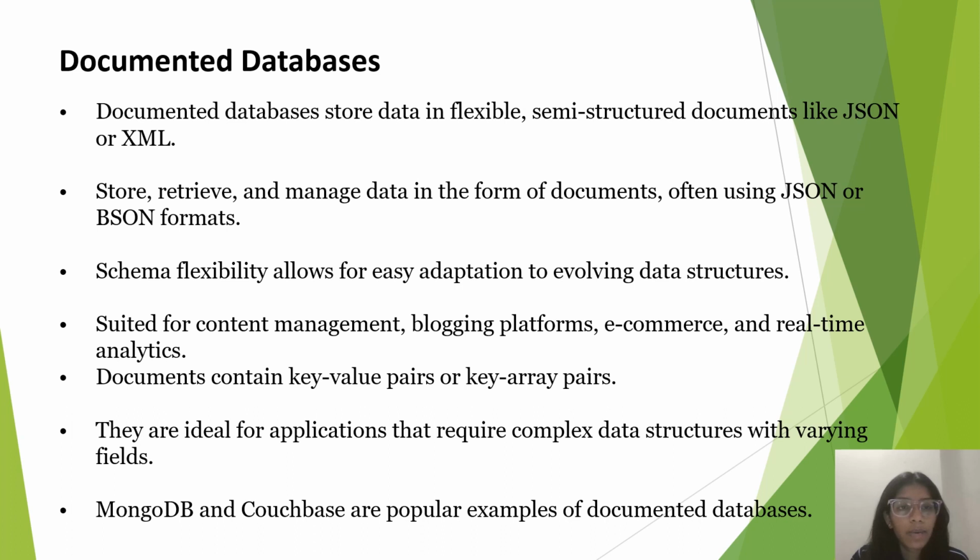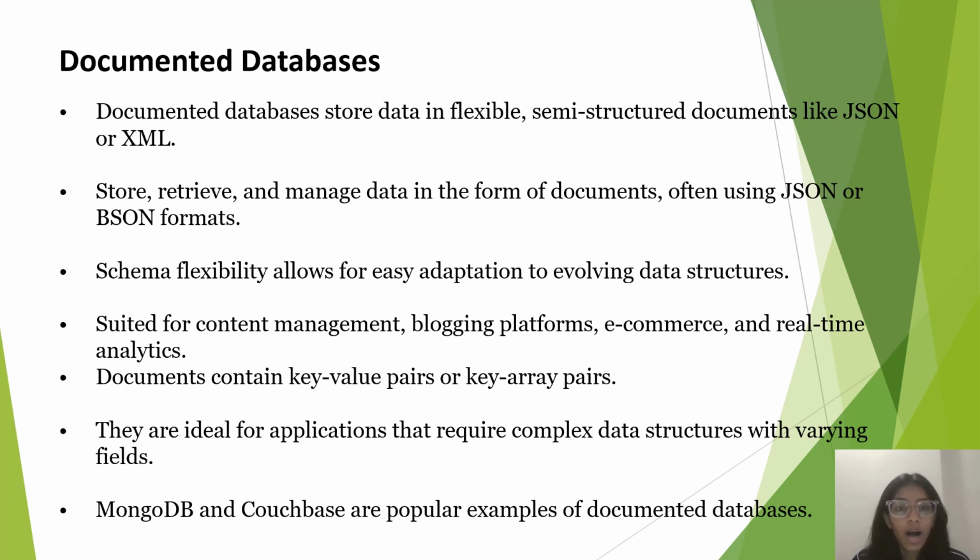The next type of database is the document database. Document databases store the data in flexible, semi-structured documents like JSON and XML. They store, retrieve, and manage the data in the form of documents, often using JSON or BSON formats.